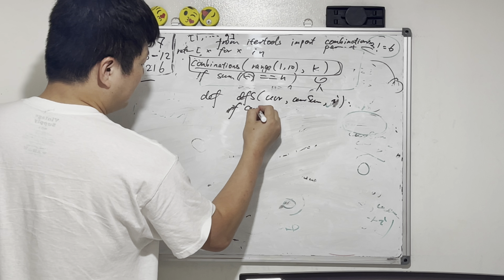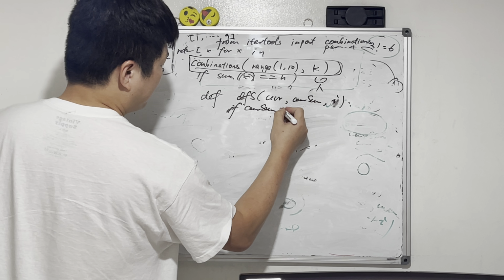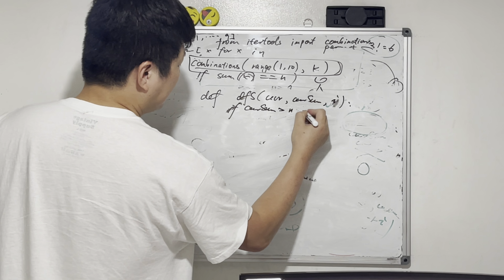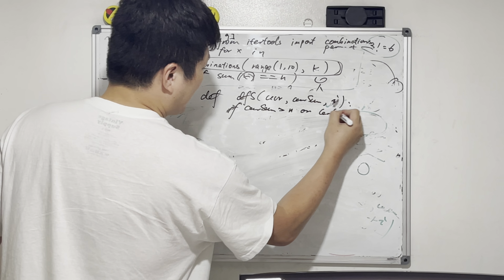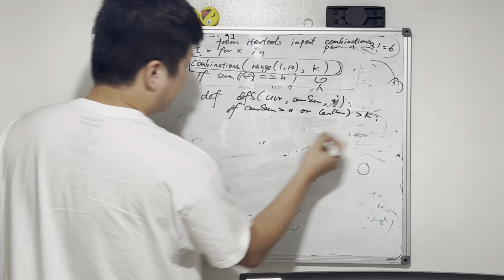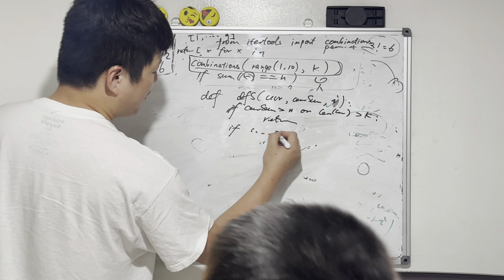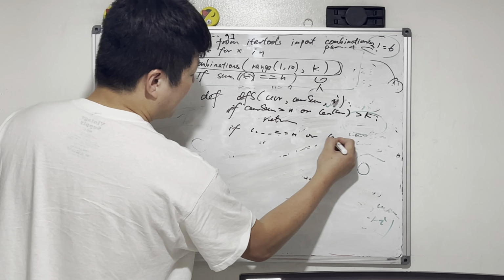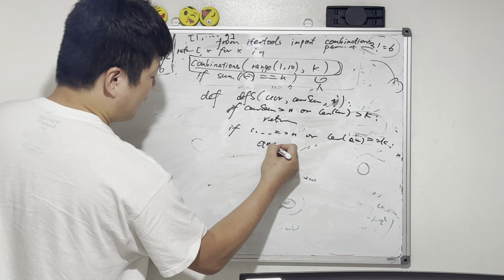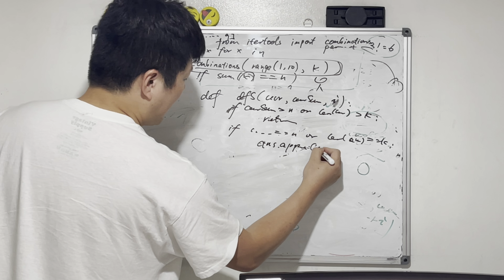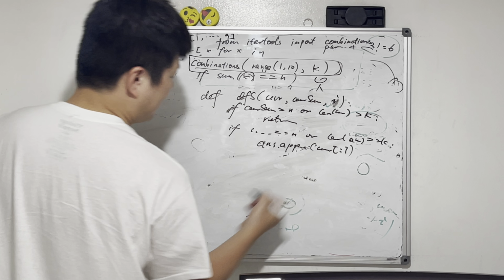If current sum is bigger than n, or if the length of current is bigger than k, then we just return. The other thing we need to check: if current sum equals n and the length of current equals k, then we found one list, and we need to append it. So answer append current, and we need to make a copy of that.